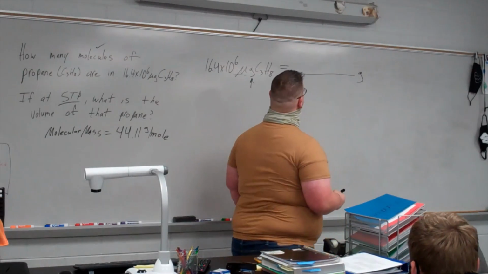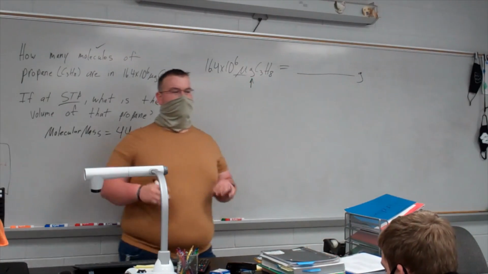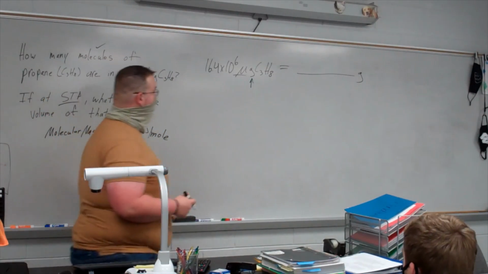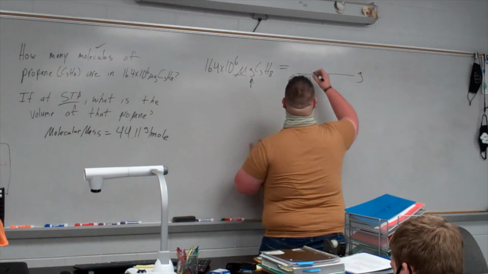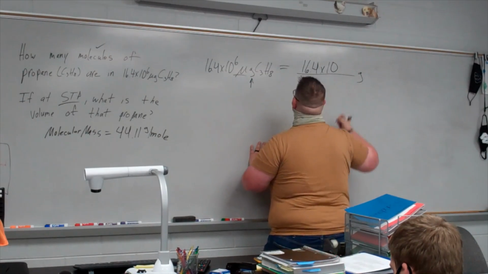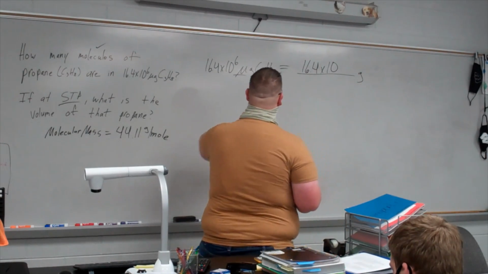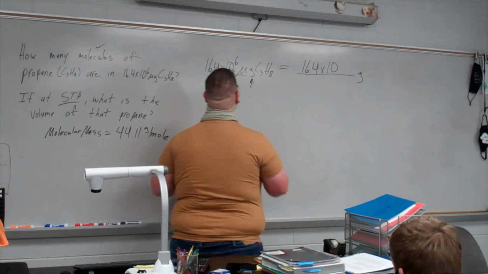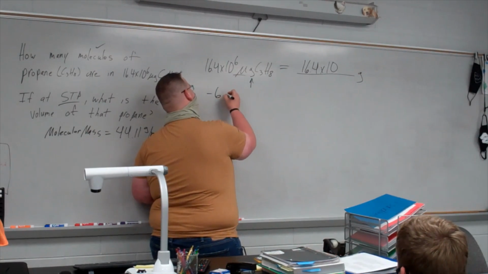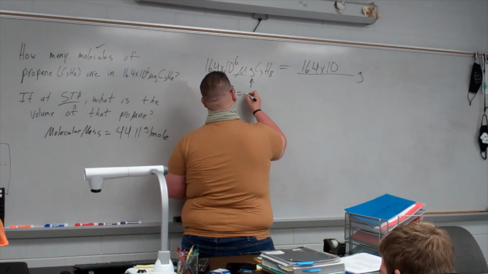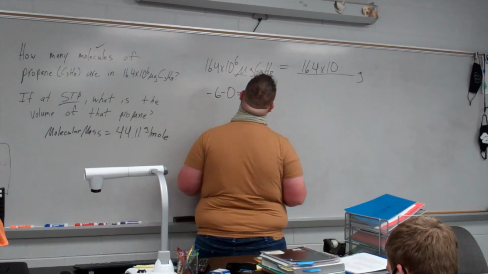So I set it up. I will not set this up for you. You have to see it. You have to notice it. You have to catch it. So in this, write the number down. 16.4 times 10 to the something. Figure out what something is. I'm going from micro, which exponential value is -6, minus grams, which is 0, which equals -6.